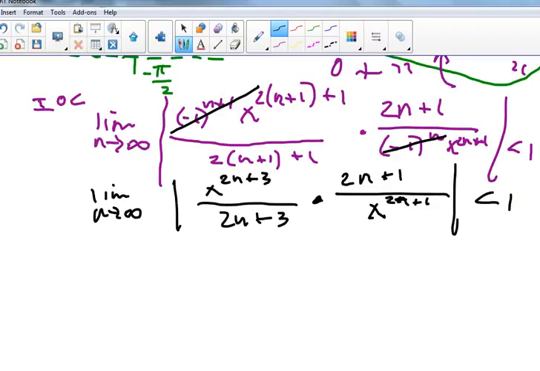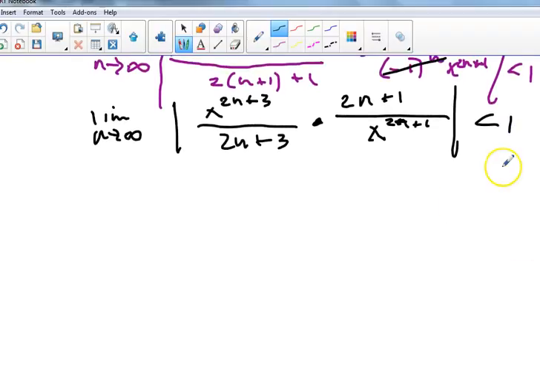Absolute value needs to be less than 1 for it to converge. And then I get to simplify. This is kind of fun. 2n plus 1 and 2n plus 3 are going to leave x squared on the top. That's what I get left with on the top. 2n plus 3 over 2n plus 1, don't really care what that is. My n is going to infinity. This is going to 2 over 2, also known as 1. So I wind up with, everything is canceling. I just get the absolute value of x squared.